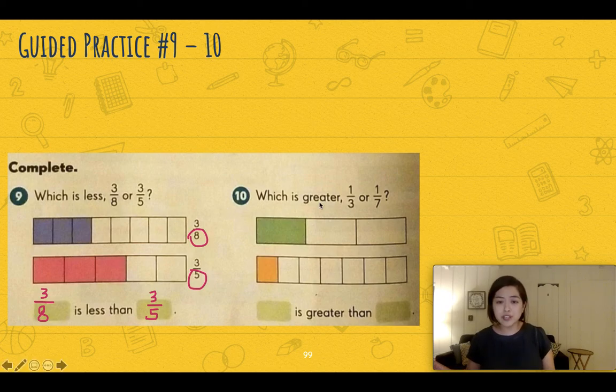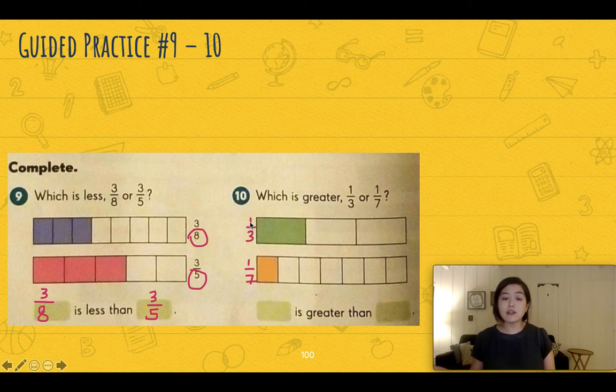Now, which one's greater, 1/3 or 1/7? Well, first, this represents 1/3, and this represents 1/7, because here there's one shaded part and there's 3 total parts. For the second bar model, there's one shaded part and there's 7 total parts. Now, which one is greater?